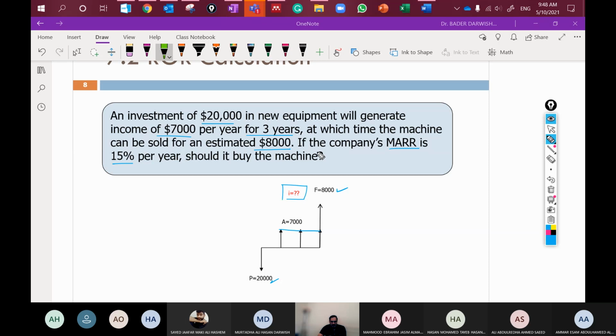Again, guys, now don't forget the cash button is interest.